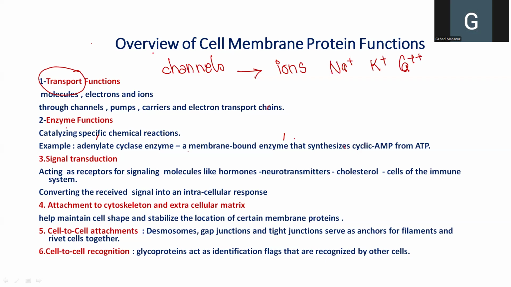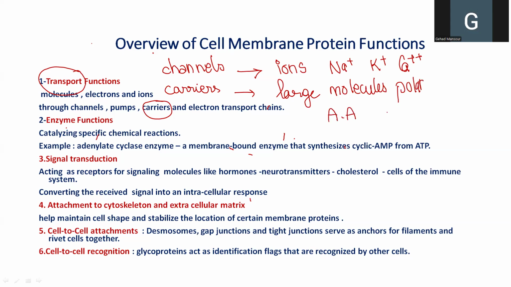But in addition to the channels, we have carriers. And carriers are important for the transfer of large molecules, especially if these large molecules are polar molecules, like, for example, molecules of amino acids and molecules of glucose.